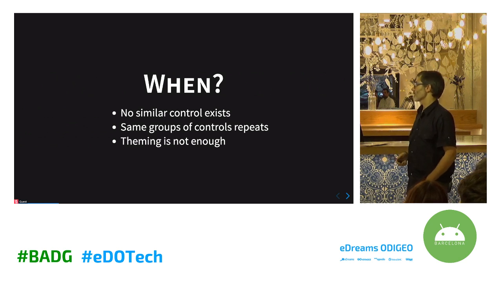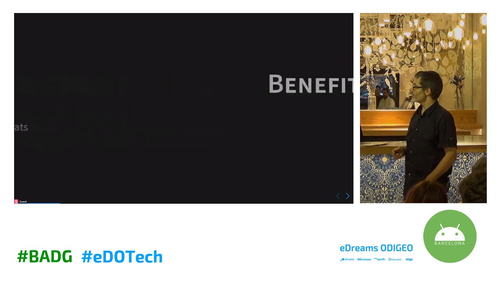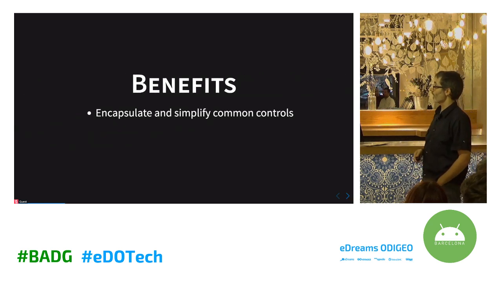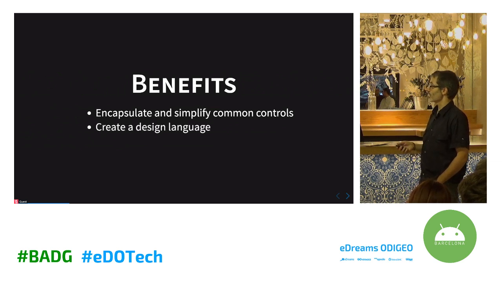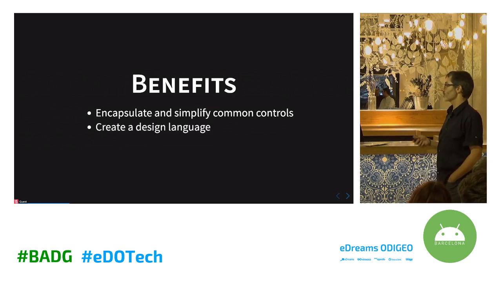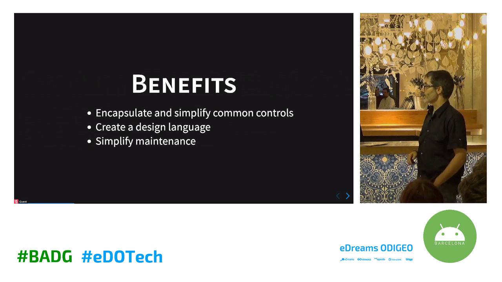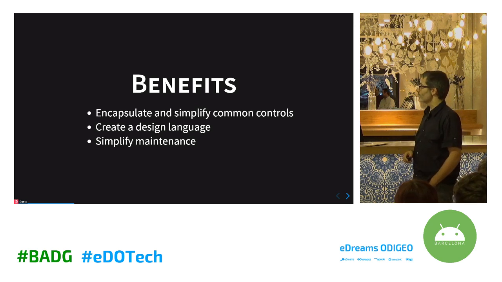Or, for example, if theming is not enough. And, well, there are a few benefits on all this. One is to encapsulate and simplify common controls. With this, we can create a design language. We can simplify maintenance. Everything would be cleaner because we are encapsulating everything and we are allowing to reuse.